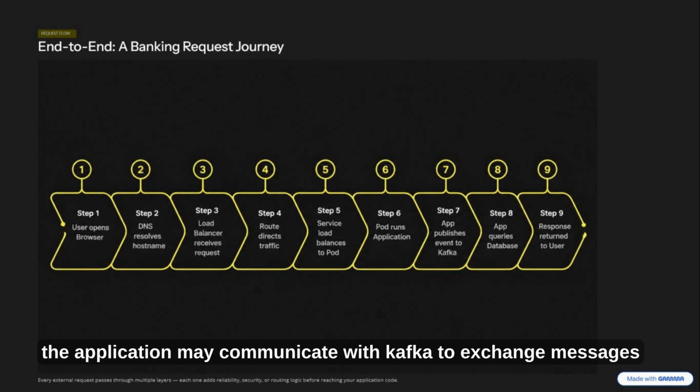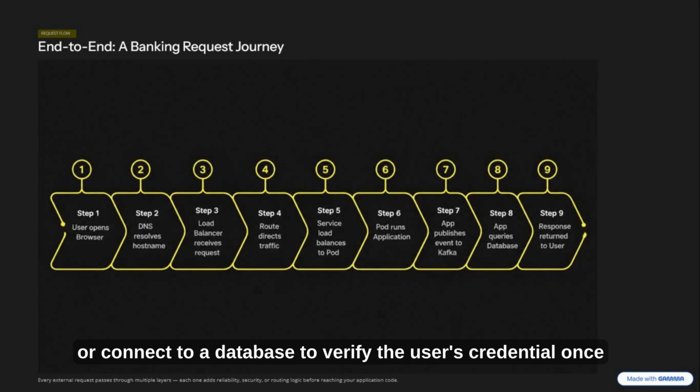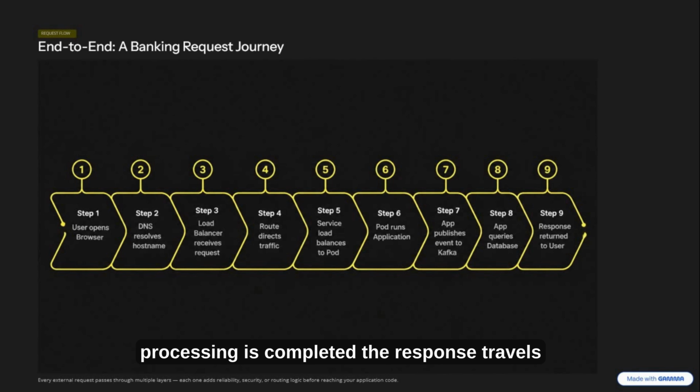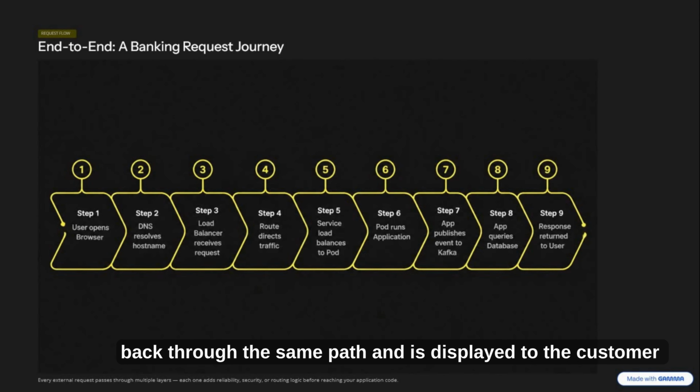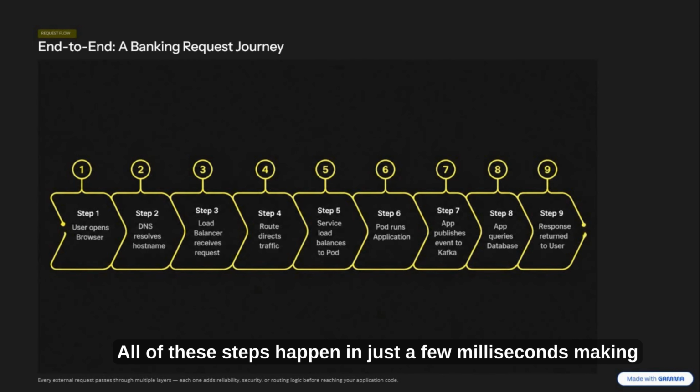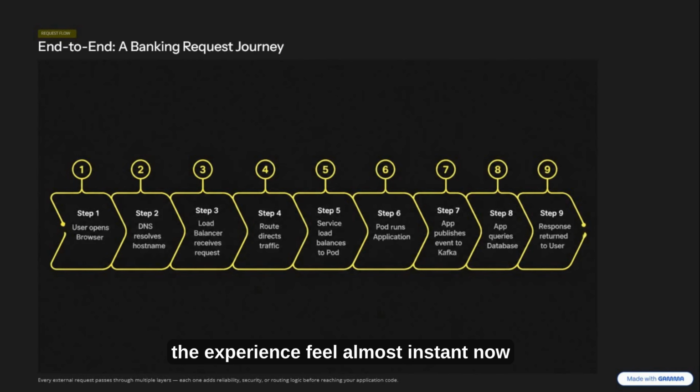Then, the application may communicate with Kafka to exchange messages or connect to a database to verify the user's credentials. Once processing is completed, the response travels back through the same path and is displayed to the customer. All of these steps happen in just a few milliseconds, making the experience feel almost instant.